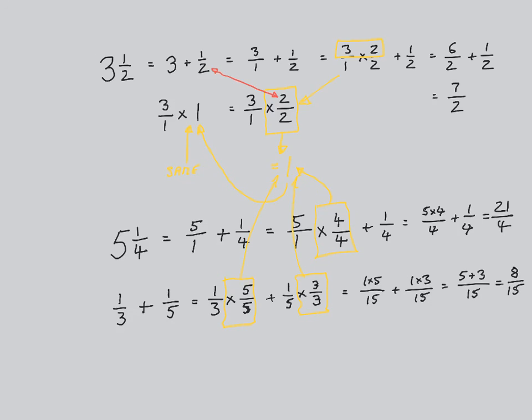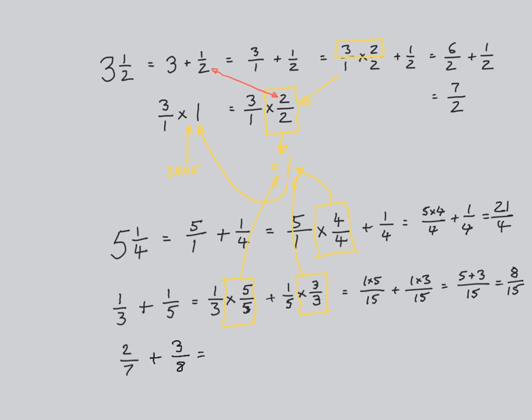Shall we do one more? Let's do one more. Why don't we choose slightly more difficult numbers? Let's have 2 sevenths, and let's add, what shall we add? How about 3 eighths?